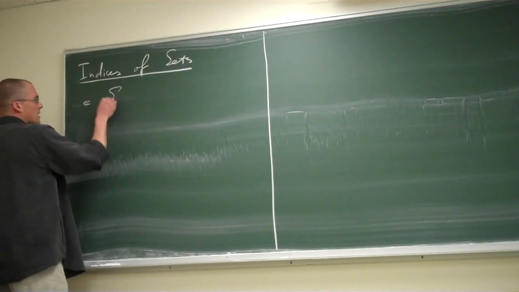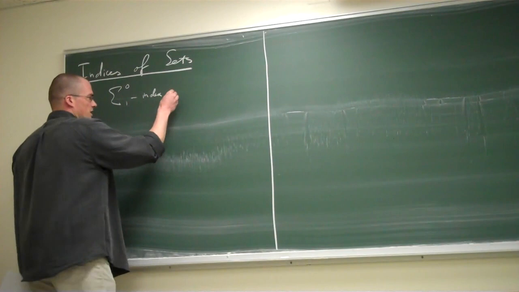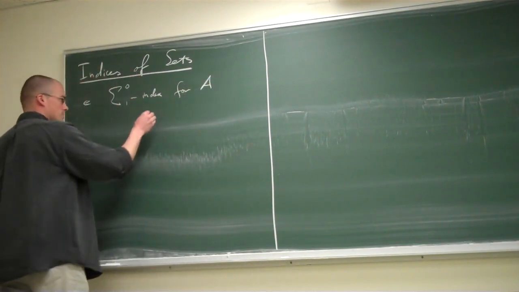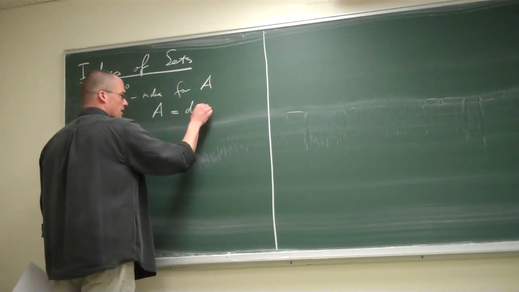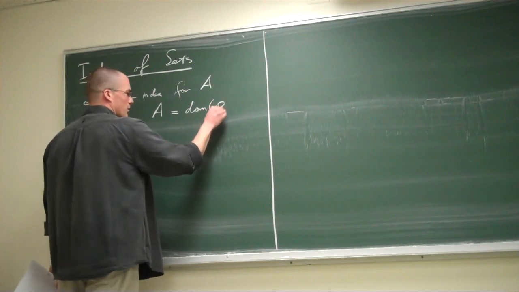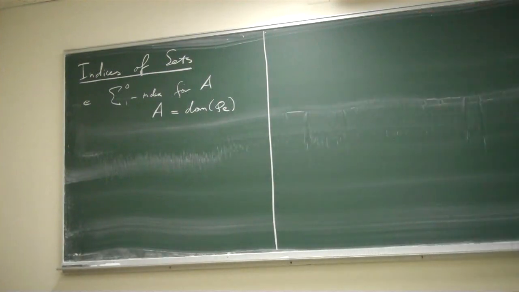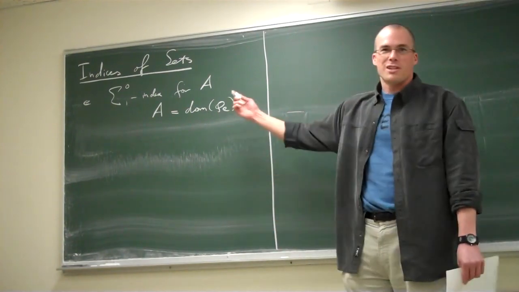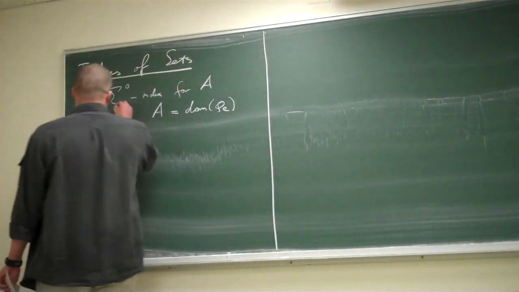A Sigma 0,1 index E for some set A described exactly the case where A is the domain of phi_E, and so a Sigma 0,1 index is just a particular way of describing a set, and because it's in an index position in the expression, they say it's an index.